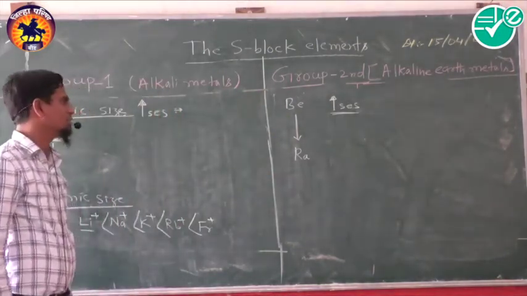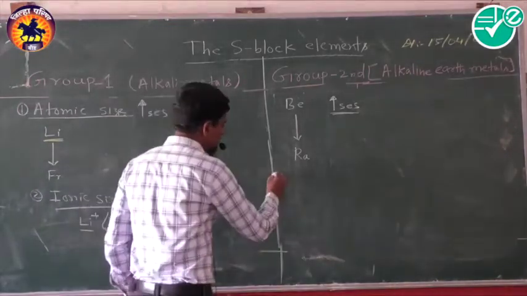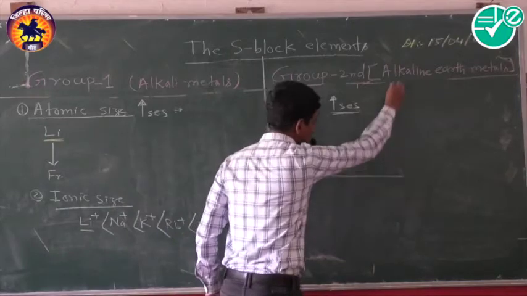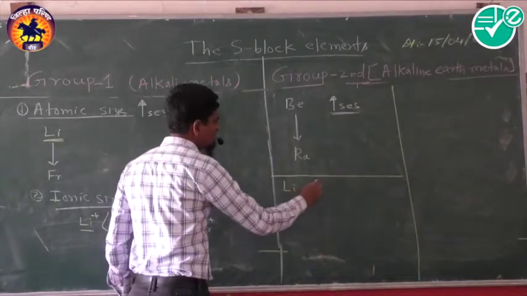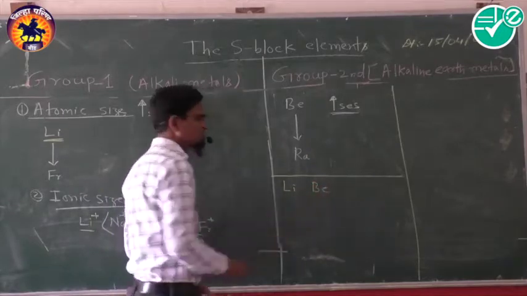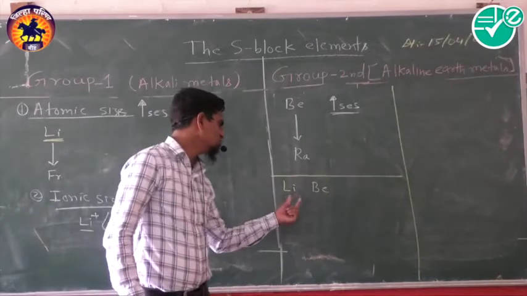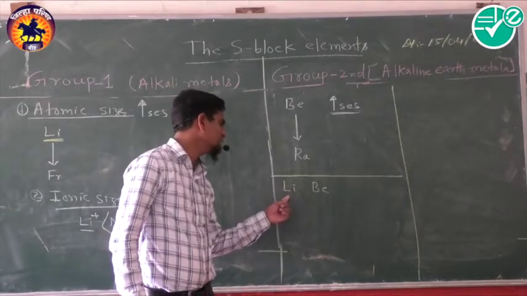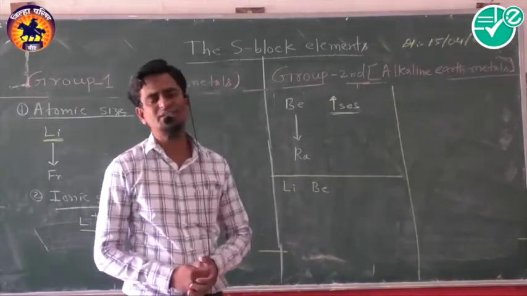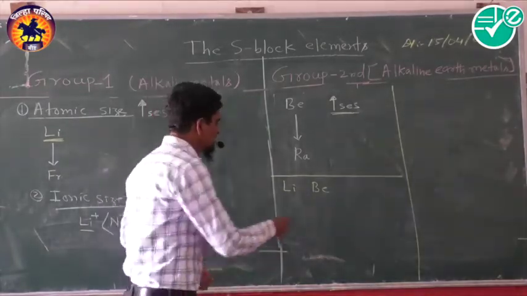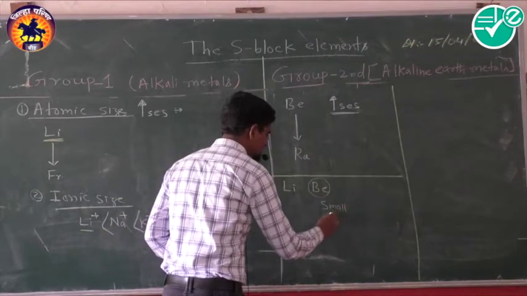Now see, I will take a simple example. We will compare lithium and beryllium. First answer this question, then we will move forward. Between lithium and beryllium, which one has the smaller size? Definitely, beryllium is smaller in size. Why?